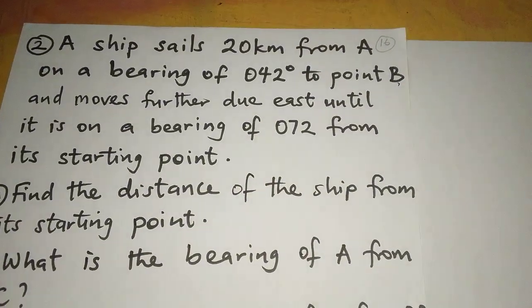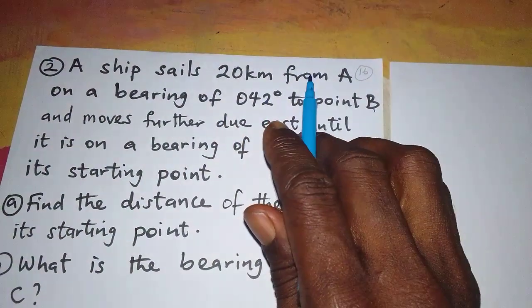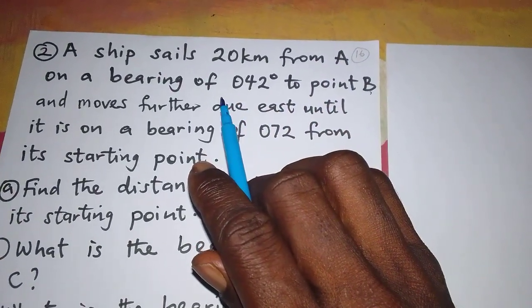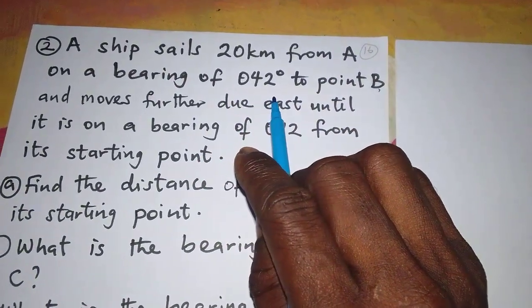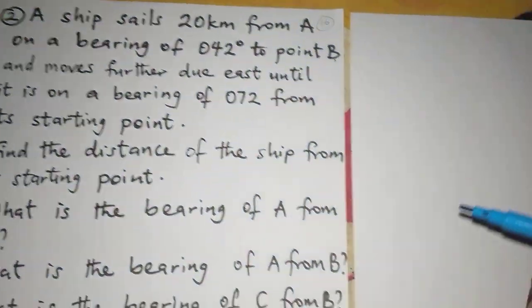Now, to solve this, a ship sails 20 kilometers from A on a bearing of 42 degrees to point B. So that 42 degrees is in the first quadrant.